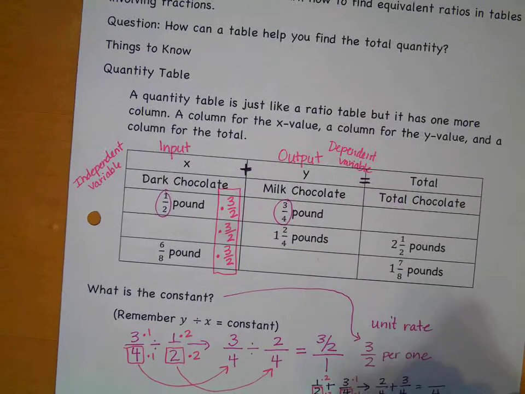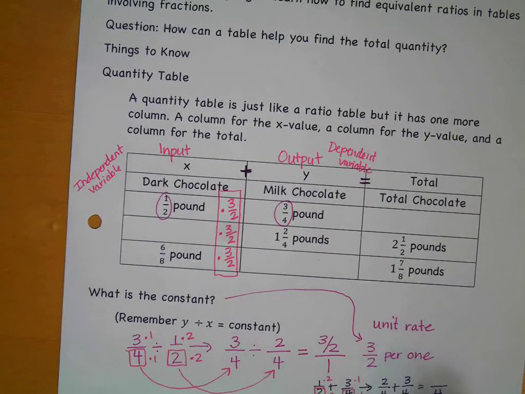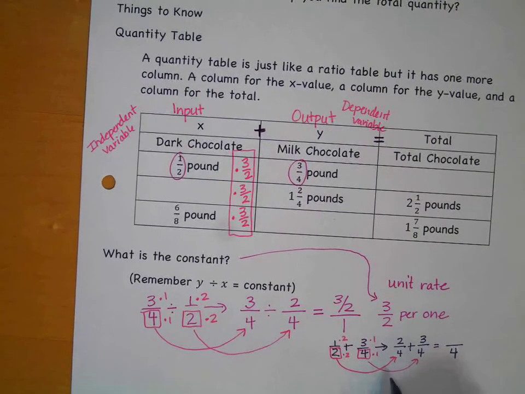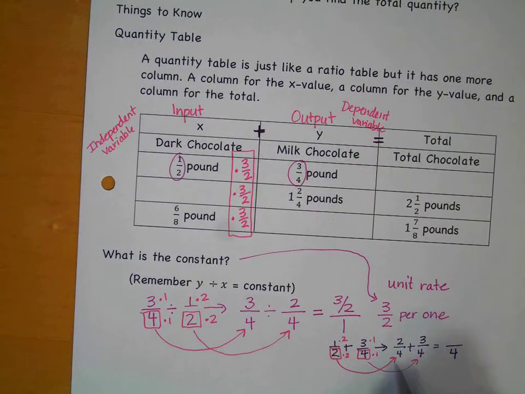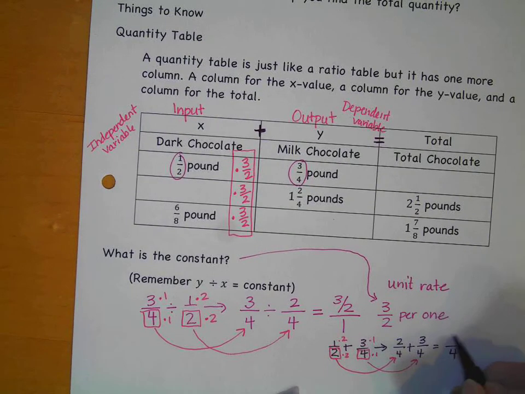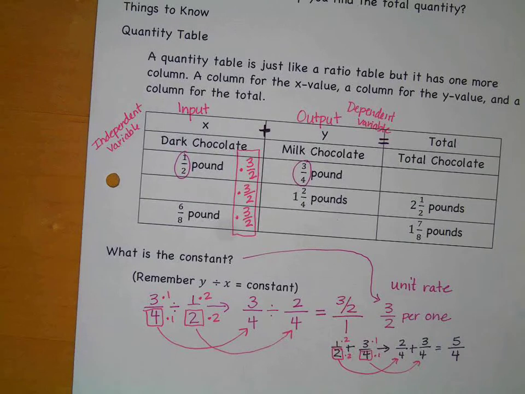So common denominator stays the same. In adding, you don't add the denominators. When you're multiplying, you multiply them straight across. Divide them straight across. But adding, they stay the exact same. I know that's a little tricky. 2 plus 3 is 5.